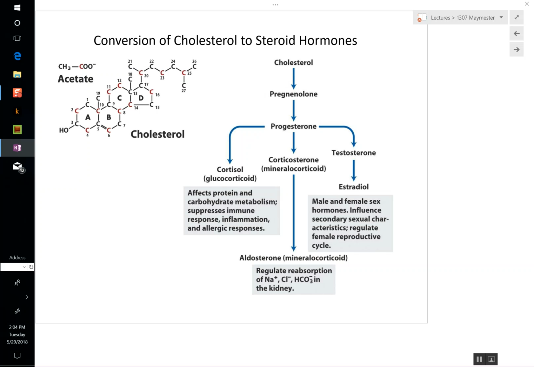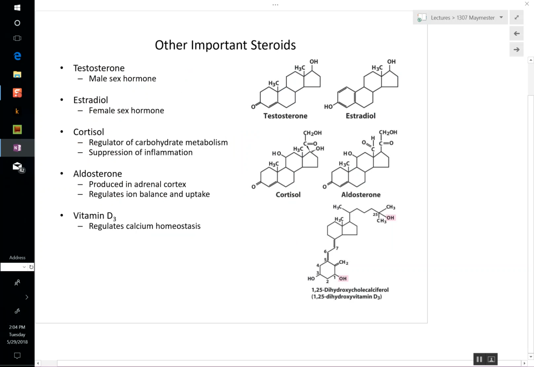These are all steroids, so there's some modification of this. Let's take a look at some of the differences. They're not huge differences. So there's estradiol, diol, you see the diol.